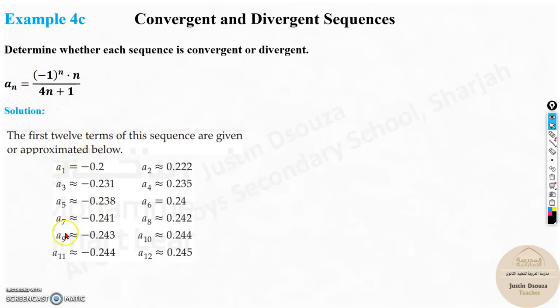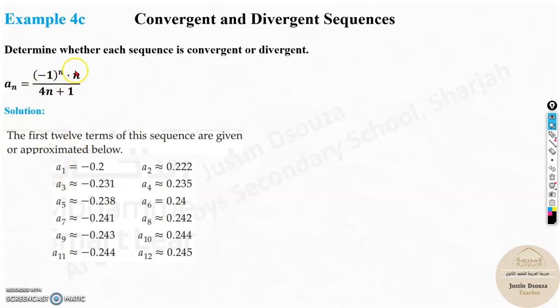Not a few terms; over here 12 terms are taken just to understand it thoroughly. A1, A3, A5 are here, and A2 is over here. All the odd numbers and even numbers are separate. Why? Because odd terms will be negative, even terms will be positive. How do you get these numbers? Again, I'll repeat. You have to put 1 over here as the n value. N is 1, A1.